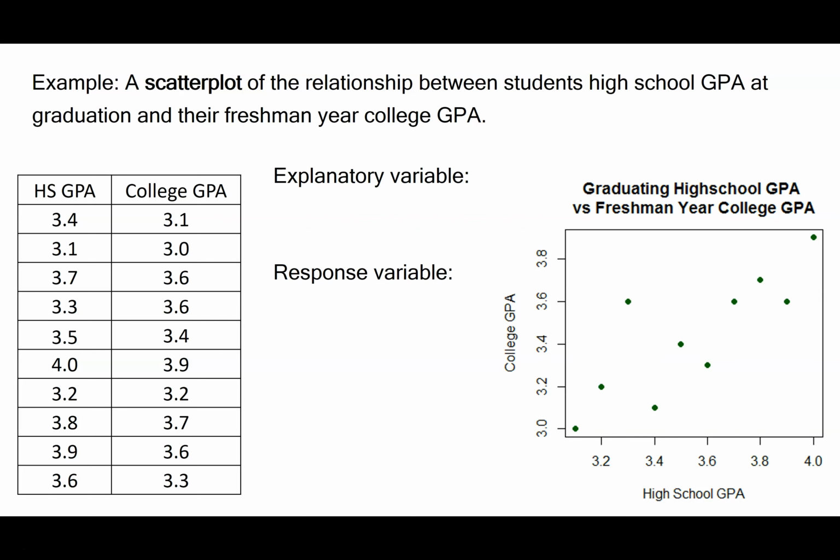So explanatory, this is where it comes in handy to know what order did these happen in? High school GPA happens first, right? I know that nowadays people can be co-enrolled, but most of the time, if you're attending public education, you go to high school first. Then you go to college. So based on that, we could realistically say we expect that high school GPA is going to help explain that first year college GPA.